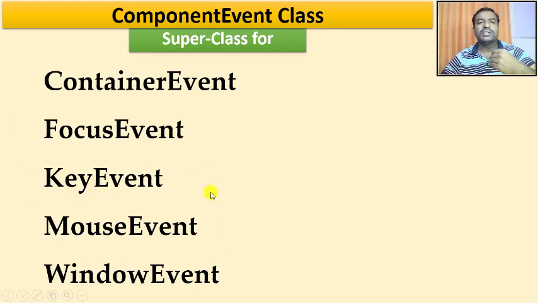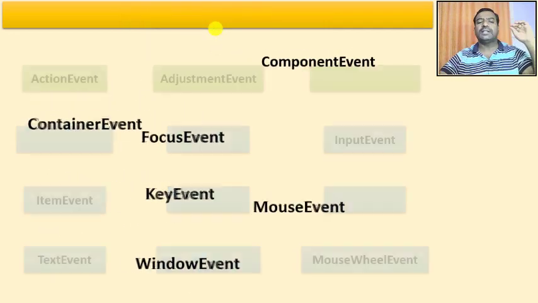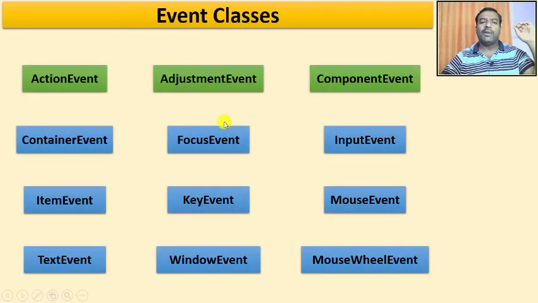For all of these, either directly or indirectly, the component event class is going to be the superclass. Whereas this itself is a subclass of the AWT event class, and that in turn is a subclass of the event class. Now we'll see one by one what exactly the container event is.